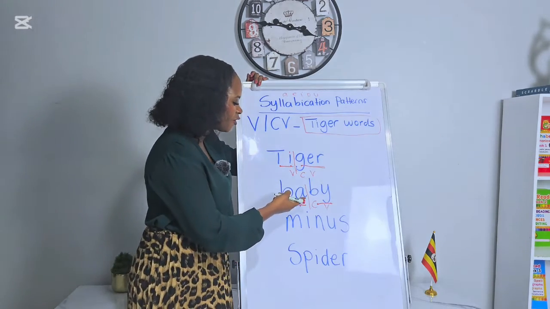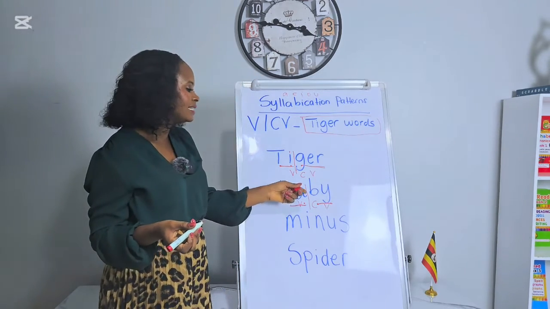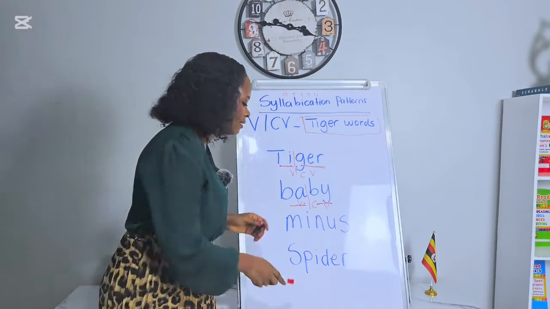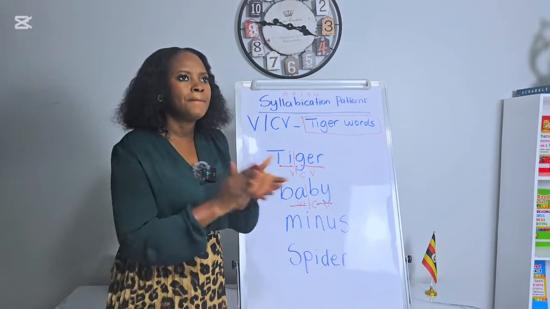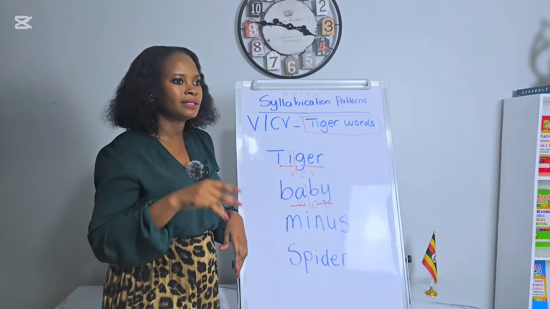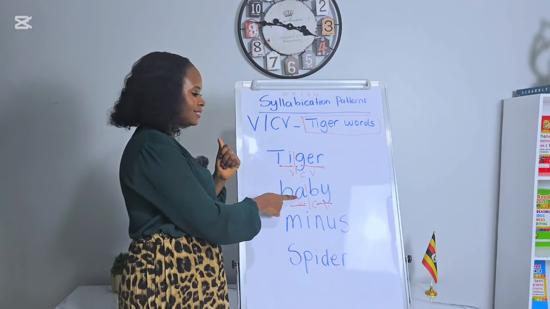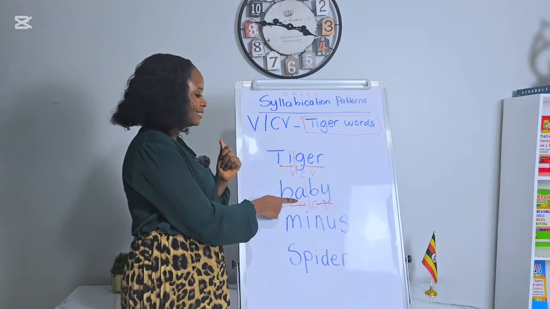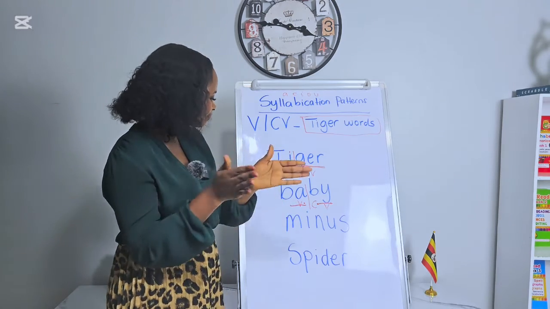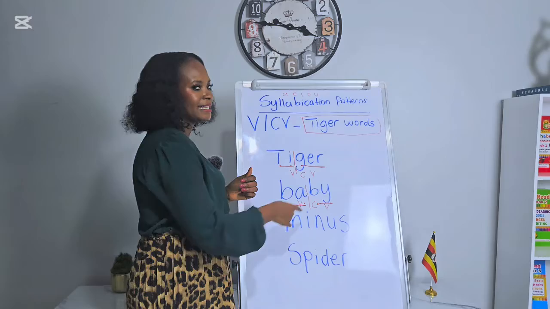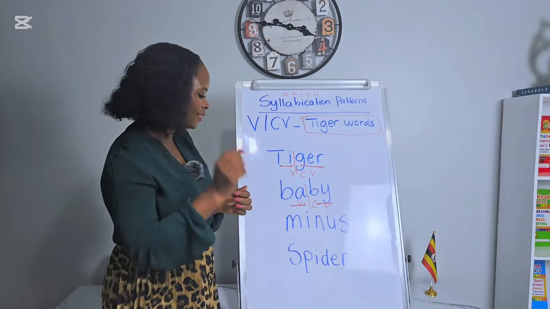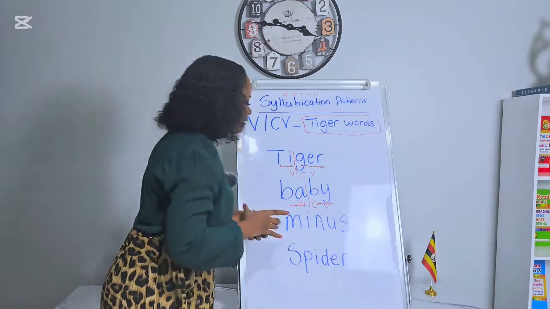No, it's baby because it has an open syllable. The first part ends with a vowel. Let's clap the word baby. Baby. Two syllables. Ba, that means it ends with a vowel, so the vowel says its name. Alright? B, Y at the end in a two-syllable word makes the sound E. We learned that in book 6.